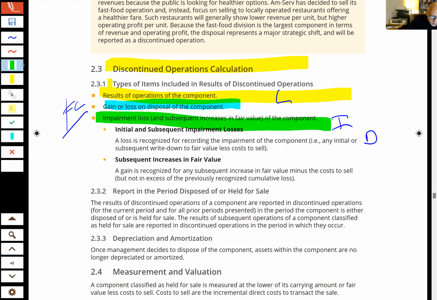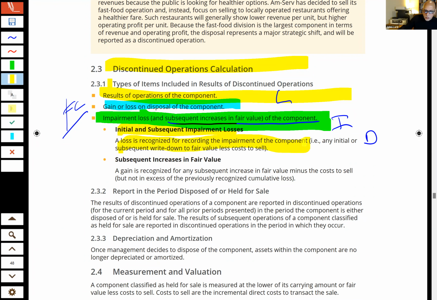Now, when we look at the impairment loss, we are able to take a subsequent increase in fair value of the component after we've taken the loss. So we take the initial loss, which is recognized for the impairment.